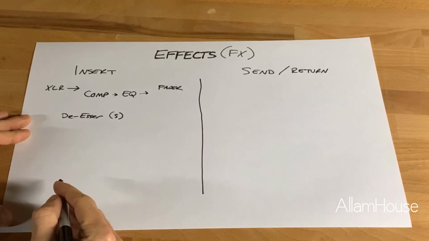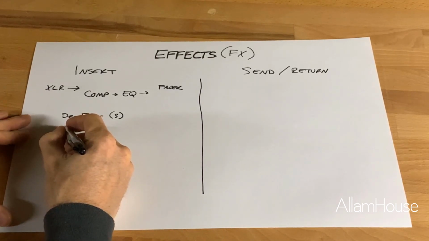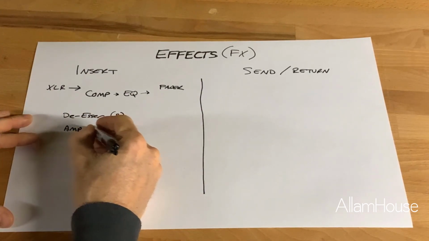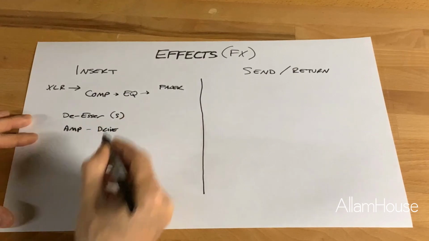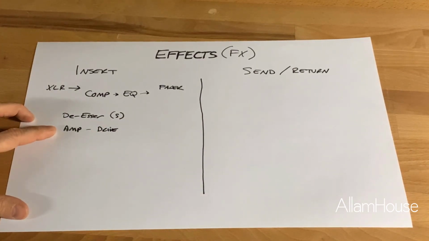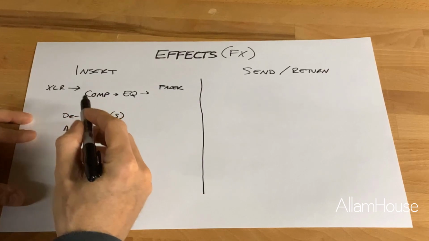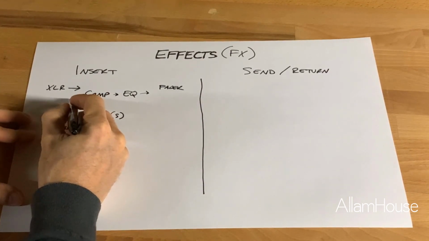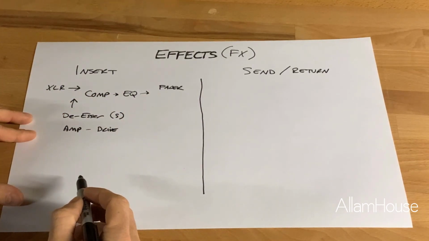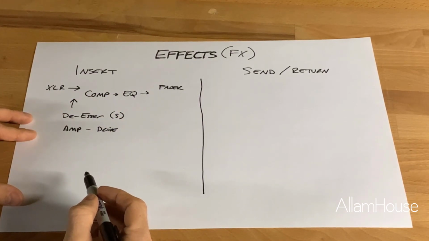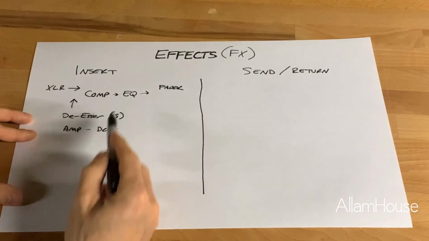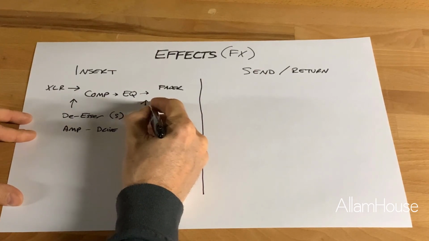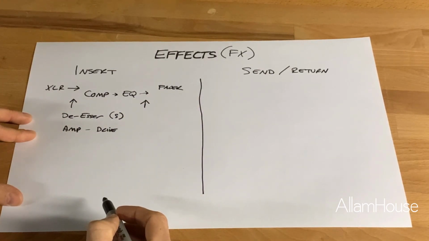Maybe you've got a bass guitar or an electric guitar, and you need to add some sort of an amp simulation, something that has some drive to it. You could do that with an insert effect, and you can then choose where this insert effect goes. In our case on the X32, you can decide if it's before these other onboard effects, the compressor and the EQ, or you can do it after the compressor and EQ.